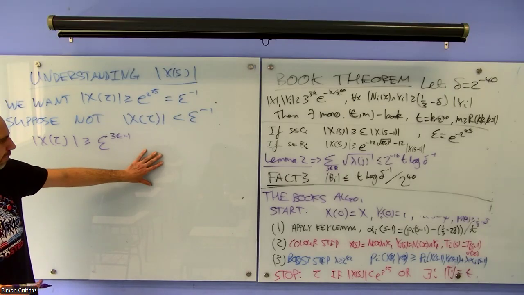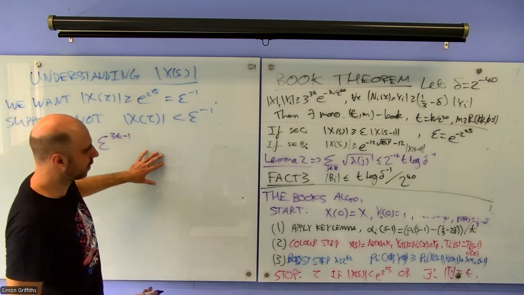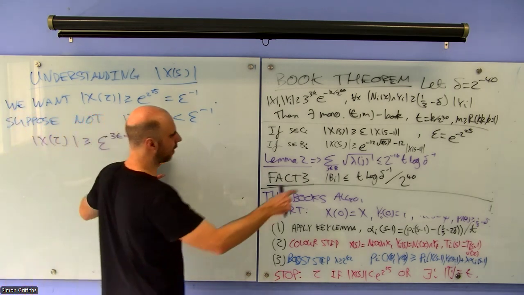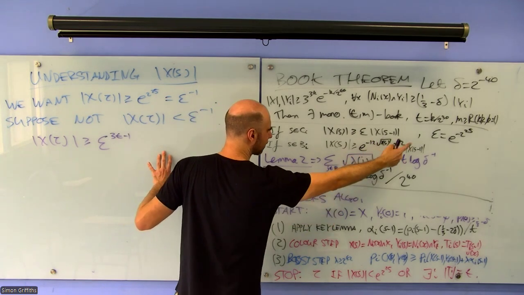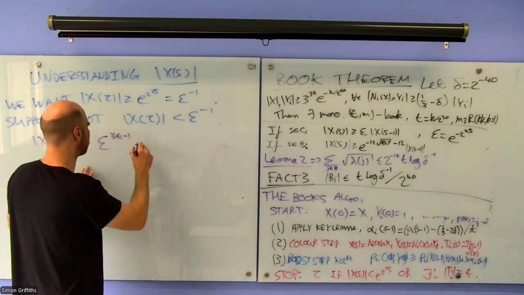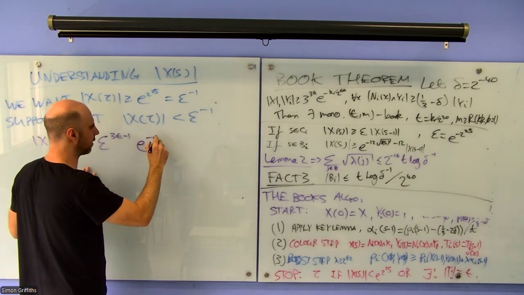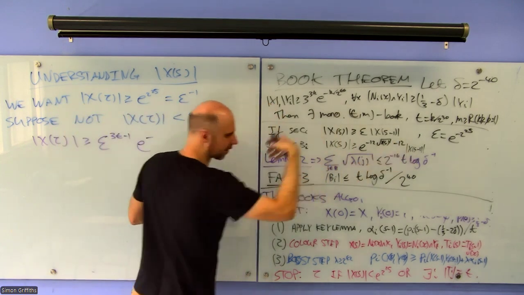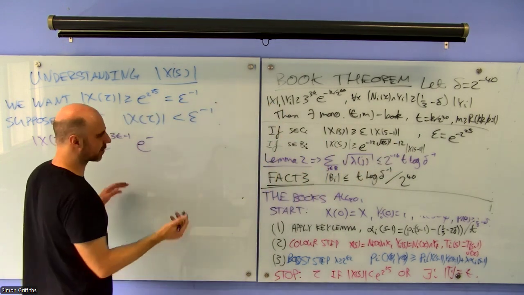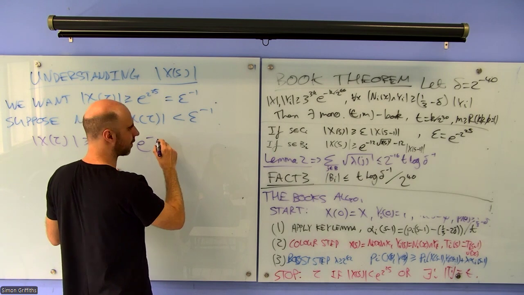How much have you gone down in boost steps? Well, you go down by e to the minus 12 some of these guys. What I'll do is I'll just put e to the minus 16, and then we can ignore this other 12 because it gets absorbed. Just because it's easier to just have one term, right?